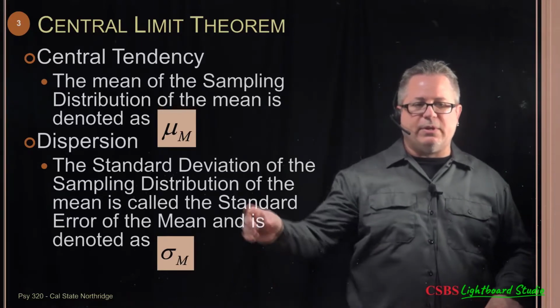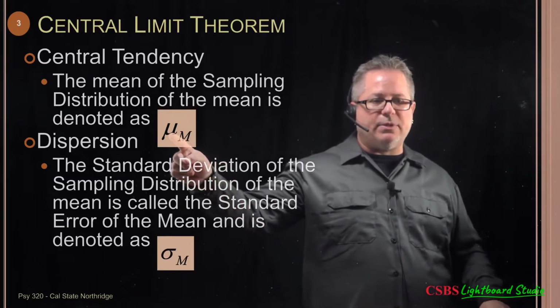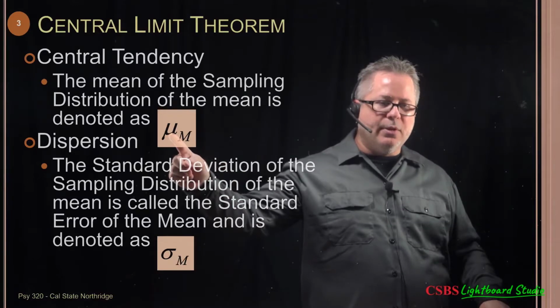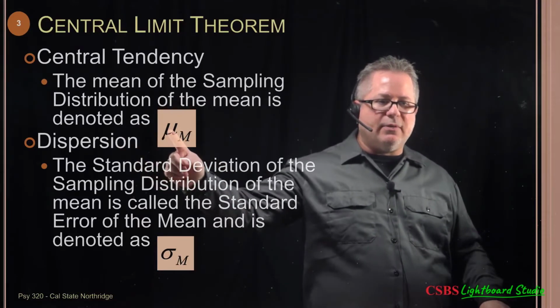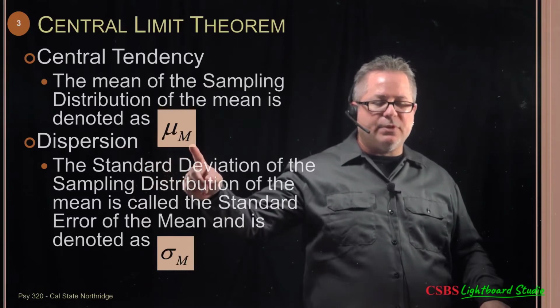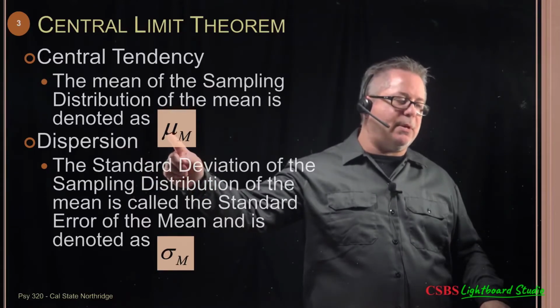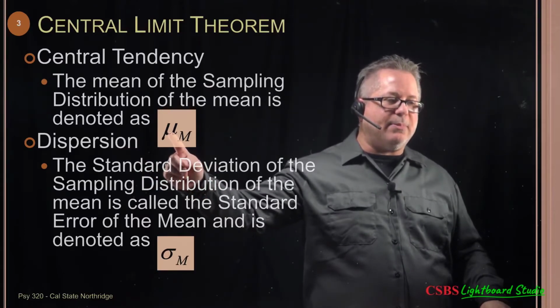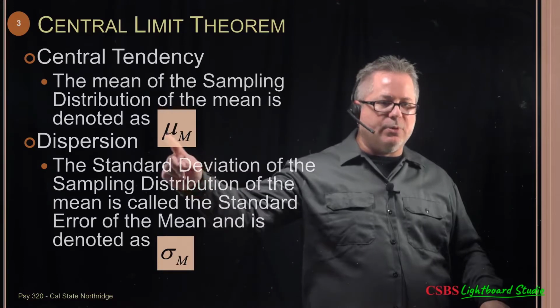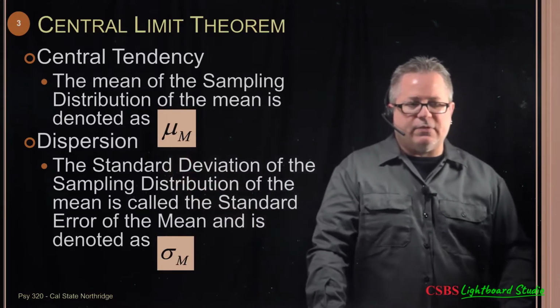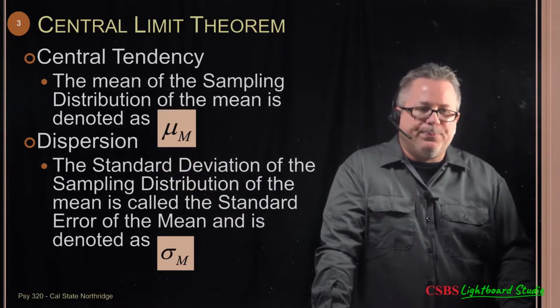The population mean is just mu, and we can indicate the mean of the sampling distribution of means as mu sub m. This is not mu, the population mean, but the population mean as averaged through the sample means we've taken over and over again. So mu sub m is the mean of the sampling distribution.